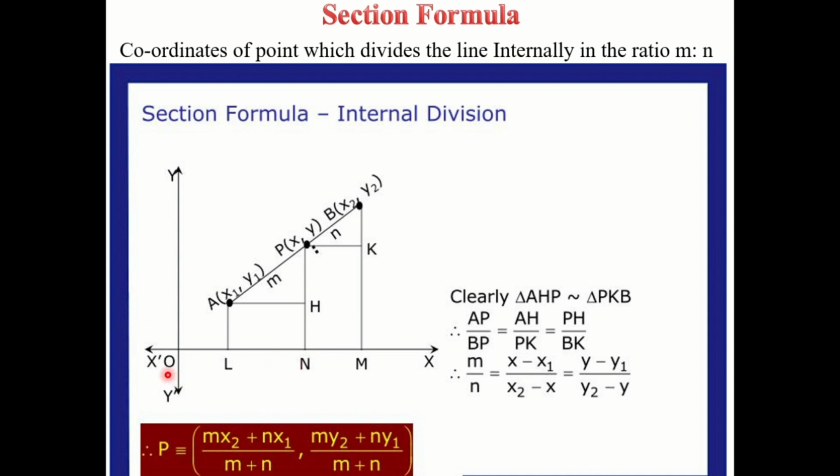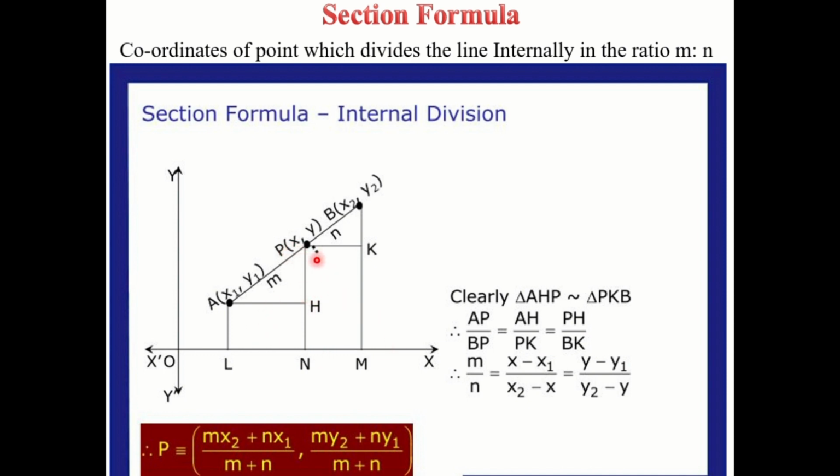As we know, OL is x1 and ON is x, then we can write AH as x minus x1. Similarly, PH will be y minus y1.